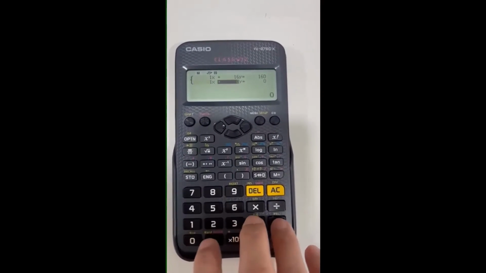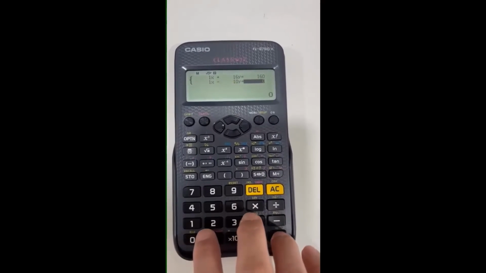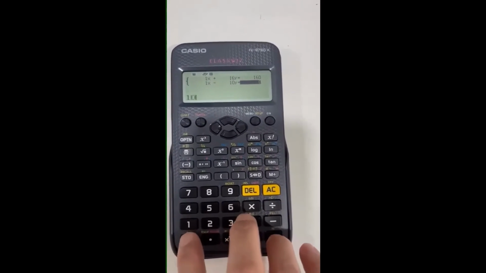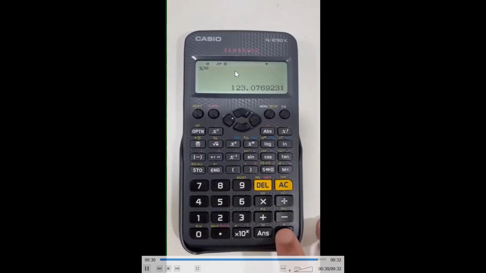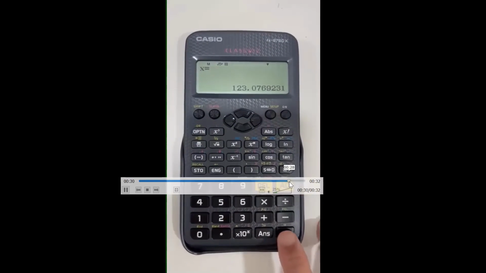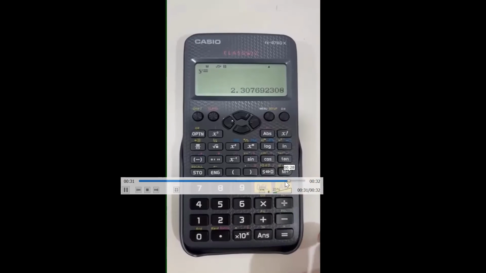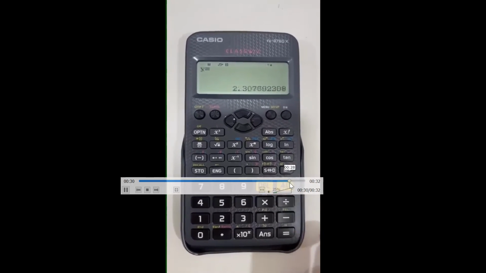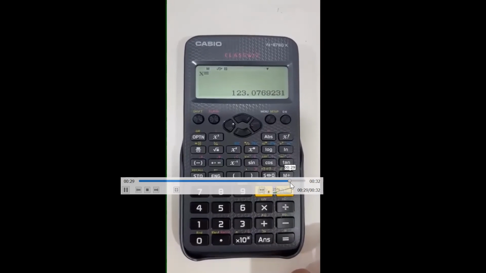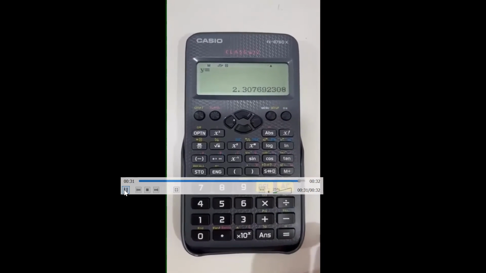Do the same for both equations. It'll tell you that your first variable, in this case your tension, is 123 newtons, and your second variable, your acceleration, is 2.3 meters per second squared.